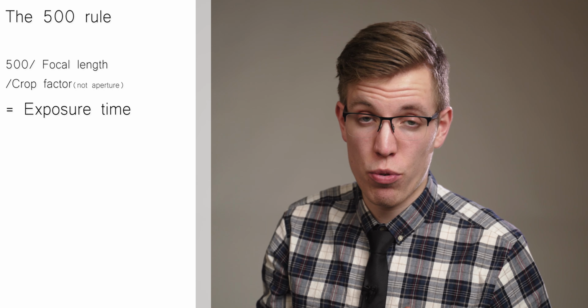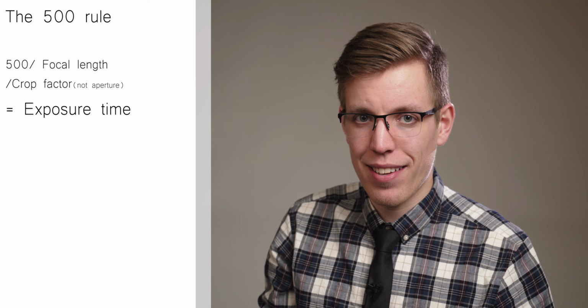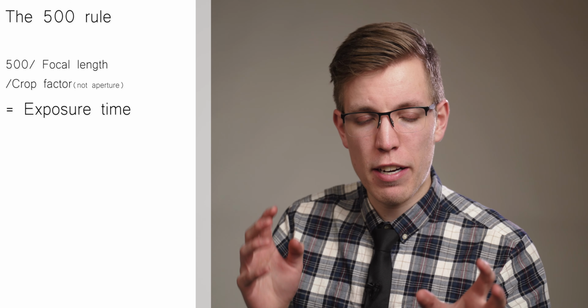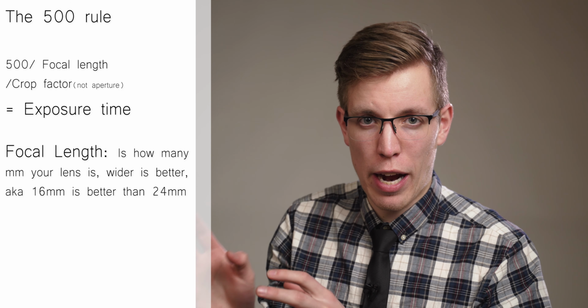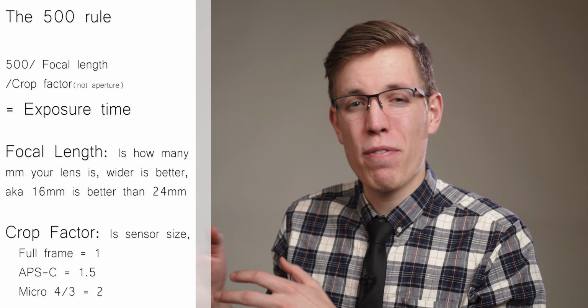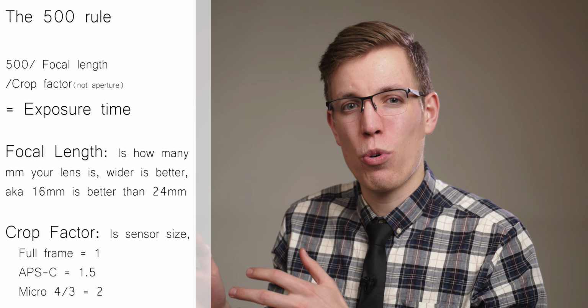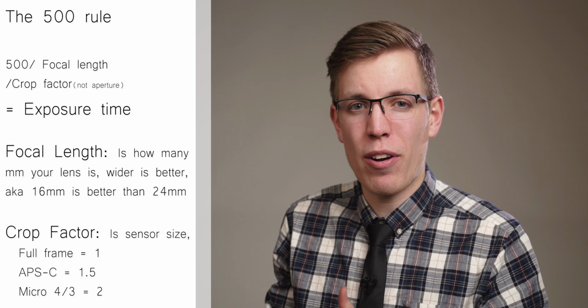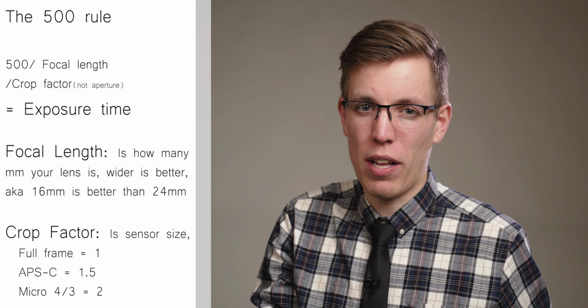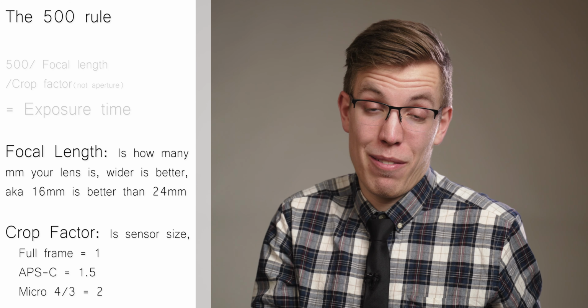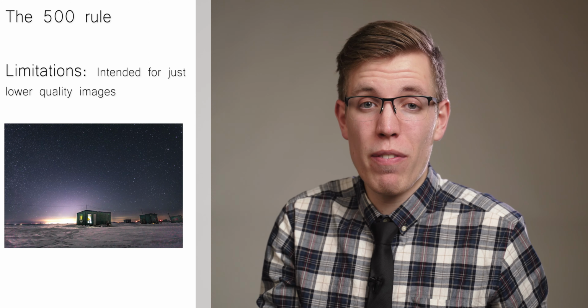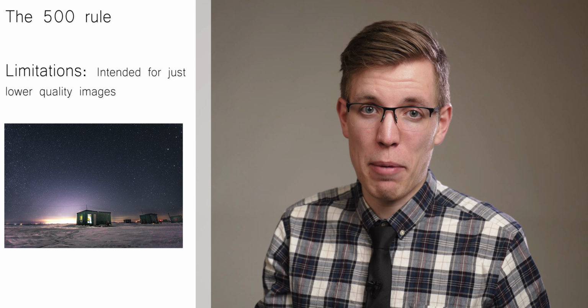For star photos, there's a rule called the 500 rule. Basically, all this is 500 divided by your focal length and your aperture. It's from the film era, when this rule was developed in early DSLRs, and it didn't translate as well over to really high megapixel cameras, or even just 24 megapixel cameras.